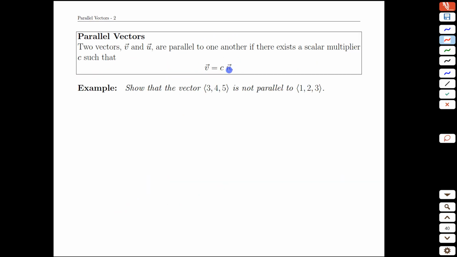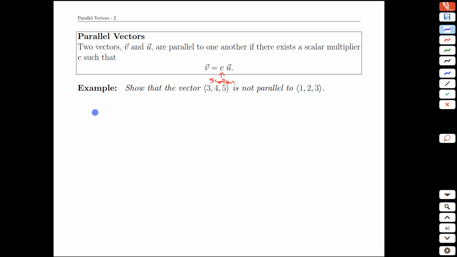Here we capture that in notation. If two vectors are parallel, then there exists a scalar multiplier that we can slide in here that turns one of my vectors into the other vector. How does that work in terms of symbols or identifying whether a vector is parallel or not? Well, let's go to 3D because that's already more challenging to work with.